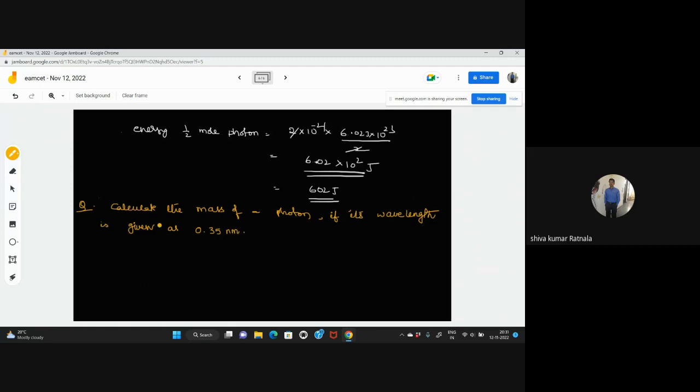Answers are given in kg. That means this has to be converted into meters. Options are given in kg. So expecting answer from you. If you are responding fast, we can solve more questions.